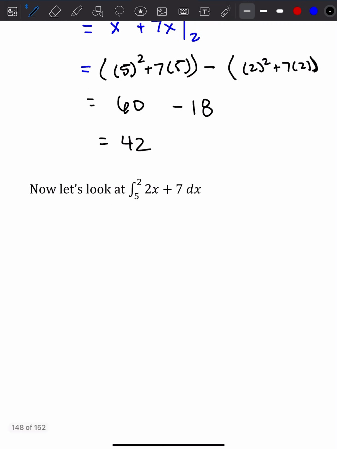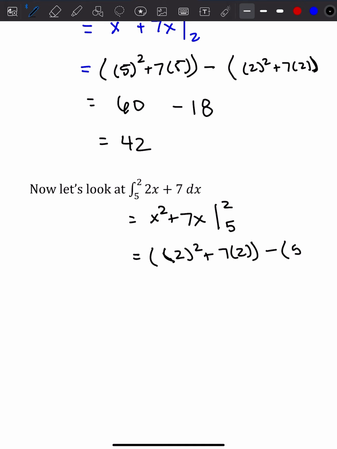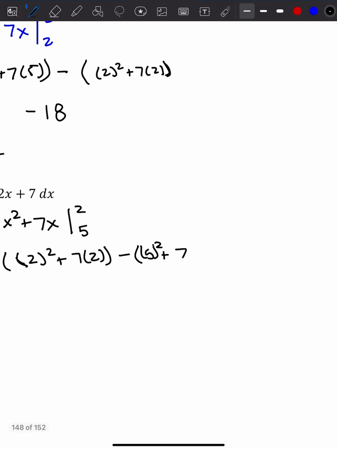Now we're going to look at it the other way around. What I mean by the other way around is let's flip the interval and see what happens. Thankfully we already know that this integral is x squared plus 7x, and we're evaluating it on 5 to 2. So now we're looking at the 2 being on the top. We always do the top number minus the bottom number. So that means we have 2 squared plus 7 times 2 minus 5 squared plus 7 times 5.